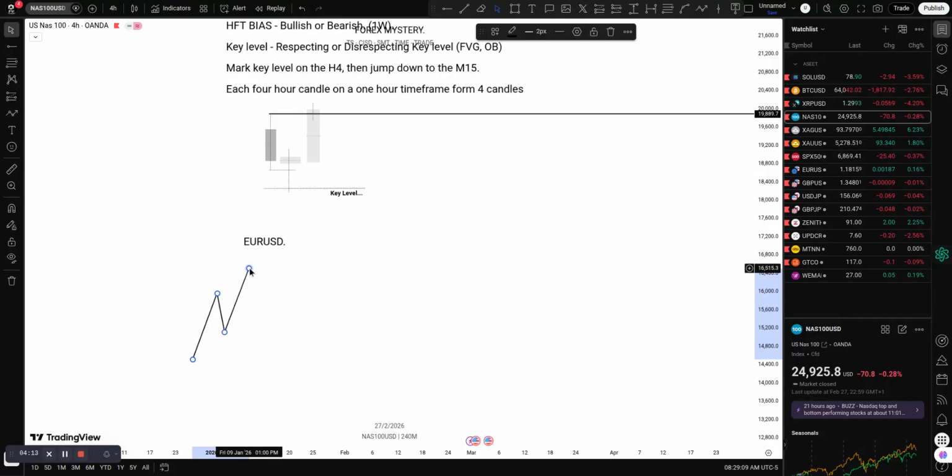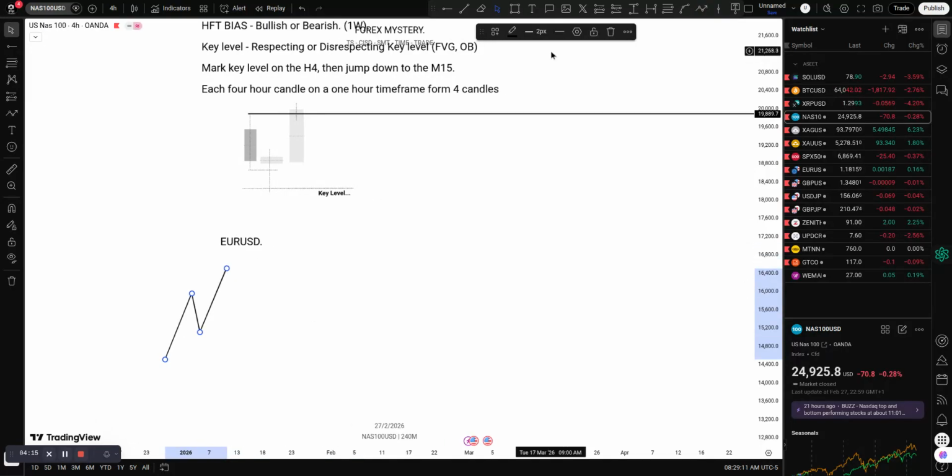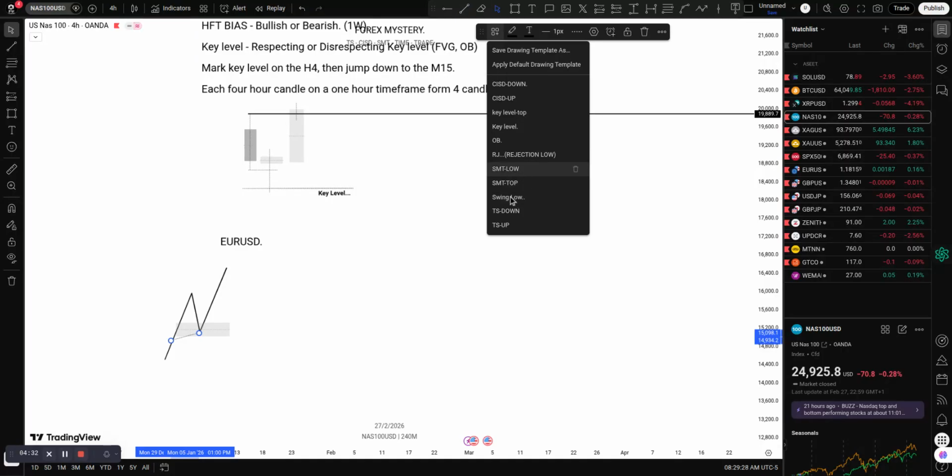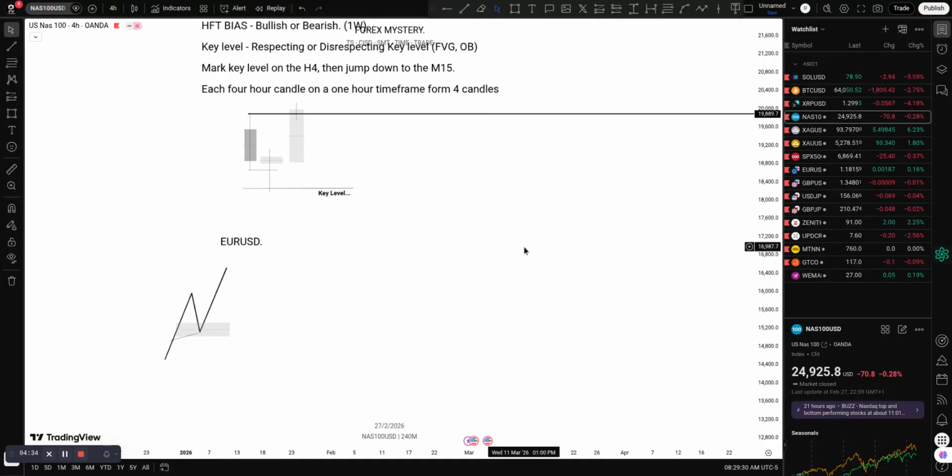Let's say the key level was maybe a fair value gap, and then we can see an SMT from one swing high to another. Let's say the SMT will be a high like this, for example.